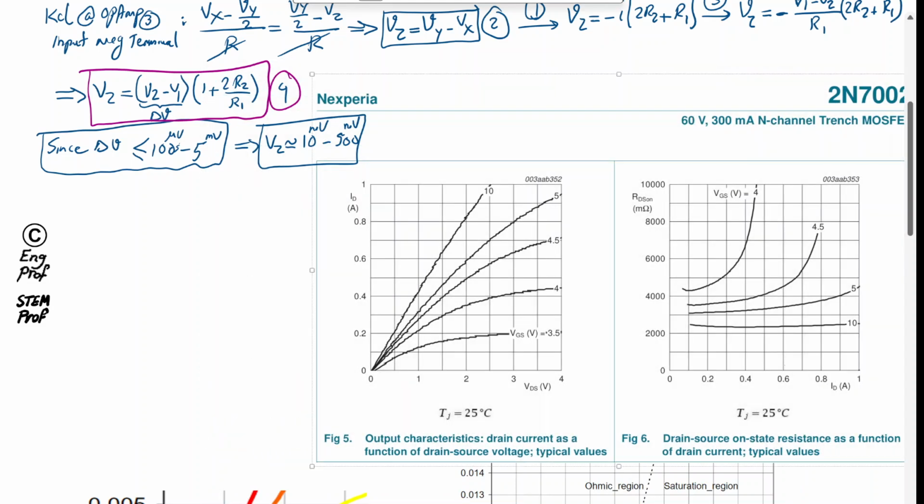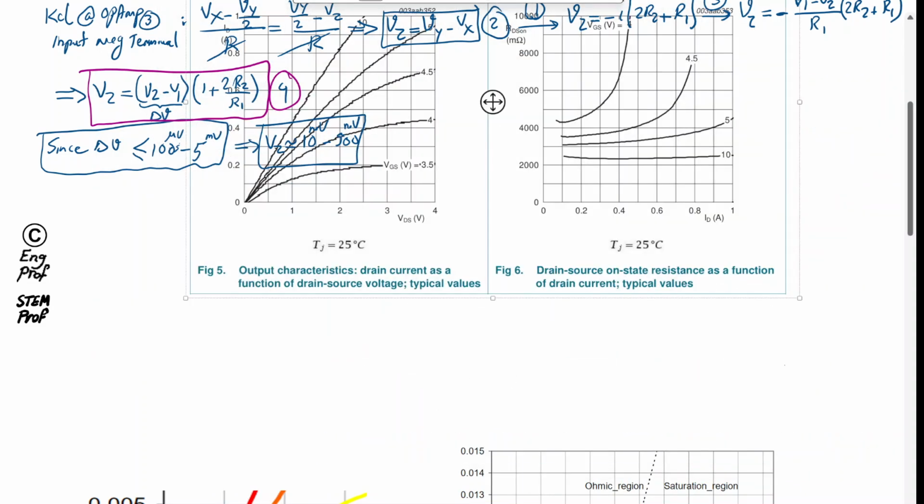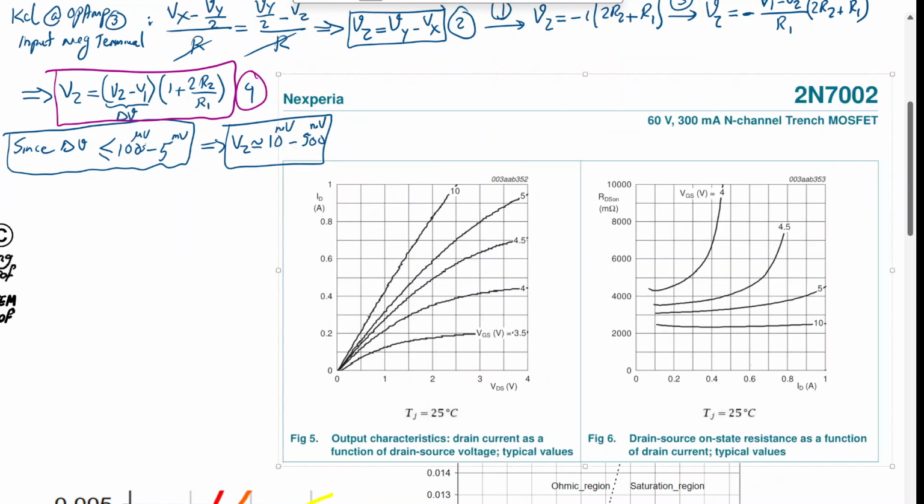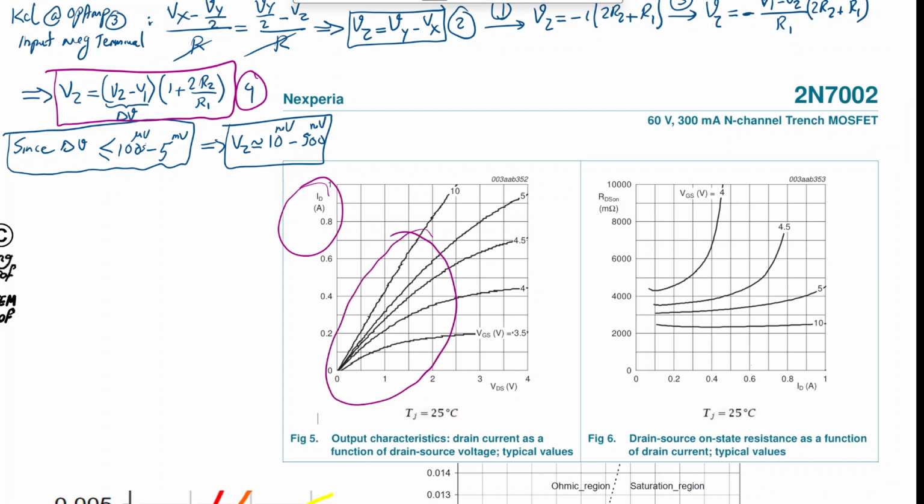And you can see in this figure 5 from the data sheet of this N-channel MOSFET, the relationship between the drain current, at, let's say, a junction temperature of 25 degrees C, for the transistor as a function of VDS is shown. And this is relatively in ohmic region, and especially here deep ohmic region or linear region. So for reasonably low values of VDS, we can see a good linear relationship between the current and the drain-source voltage.